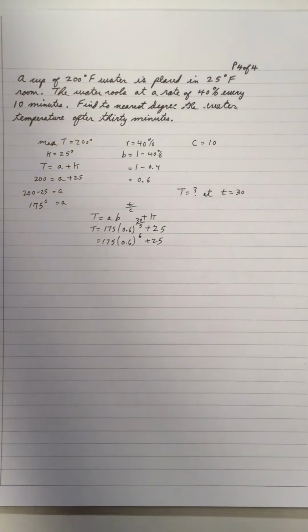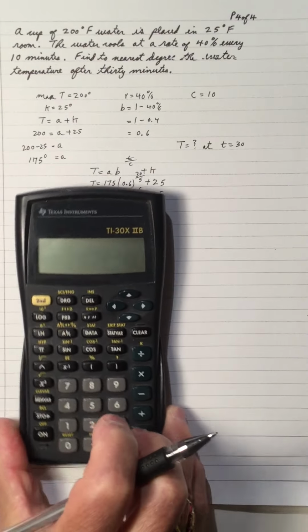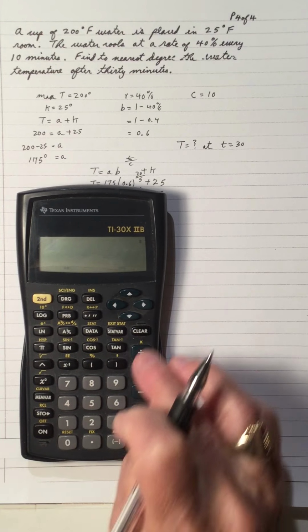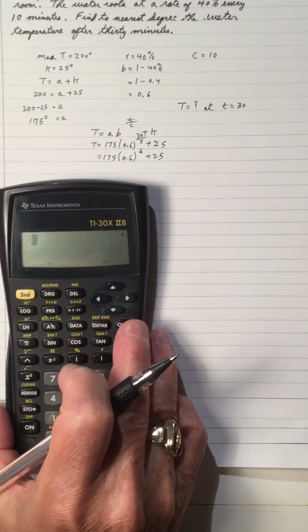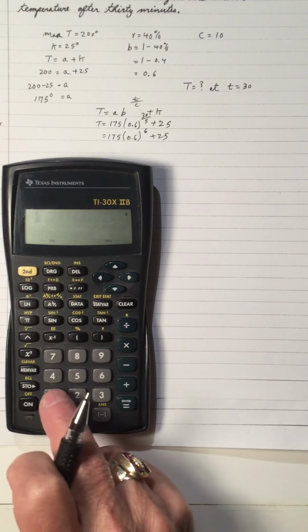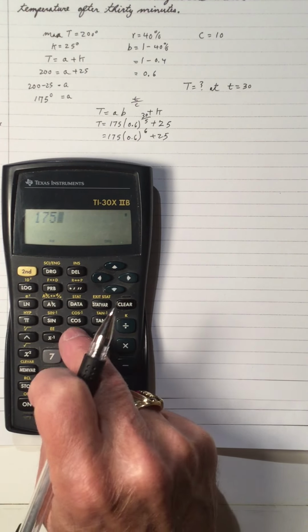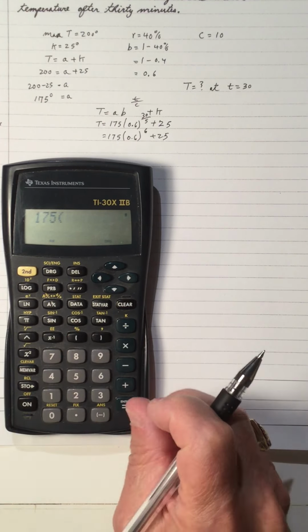So we can use our calculator and we have 175 times 0.6 with an exponent, and we plug in the exponent, plus the 25.